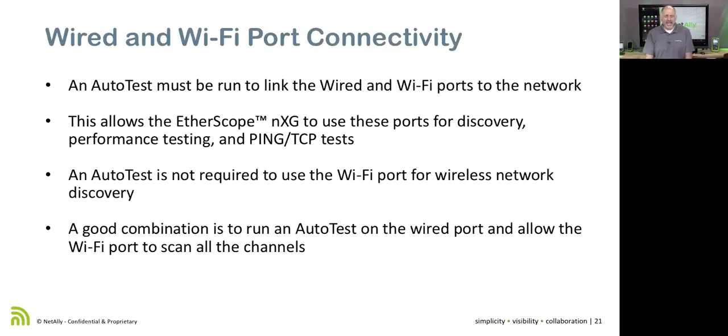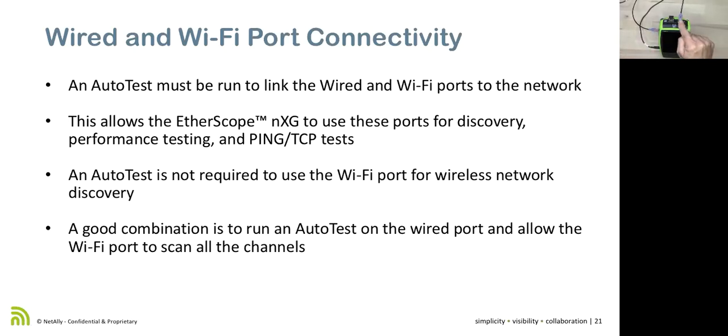So, wired and Wi-Fi port connectivity. Just to go over again, because this is a very, very important distinction. We have our wired port up here on the top. We have our management port down here. The management port, when we plug that in, goes out and gets an IP address, and away it goes.